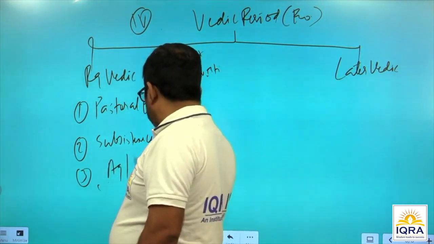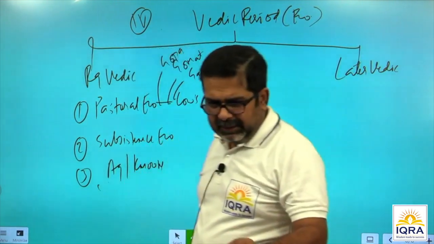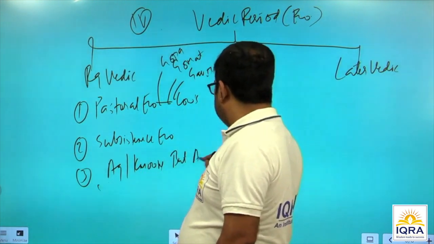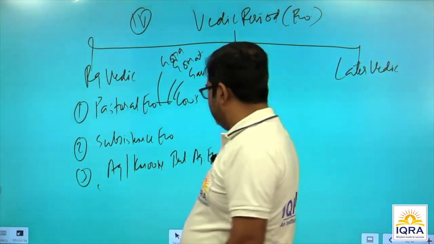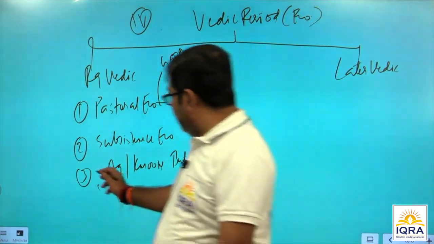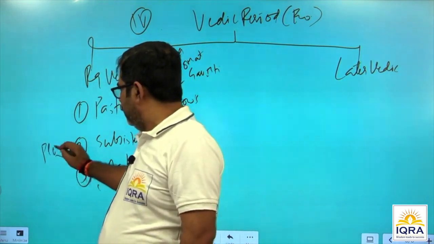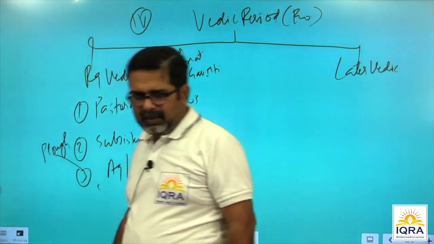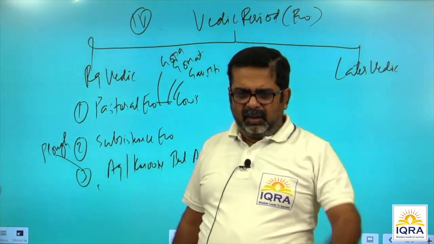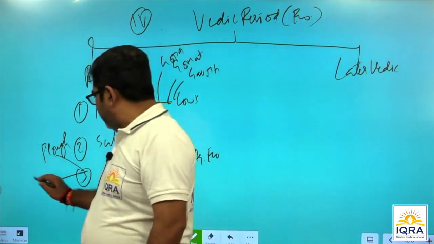Agriculture was known, but agricultural economy was absent. Agriculture was known. That is evident by the mention of plough in the oldest part of Rig Veda, and the mention of crop, Yava.